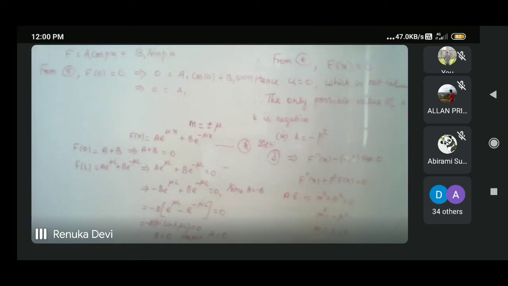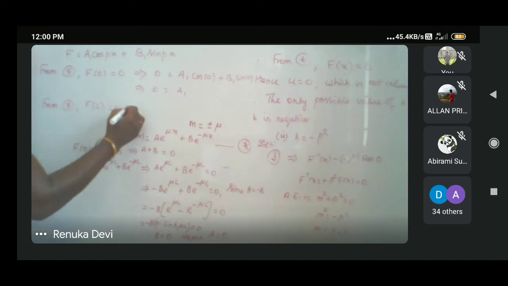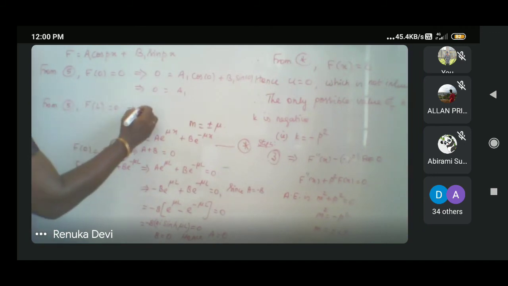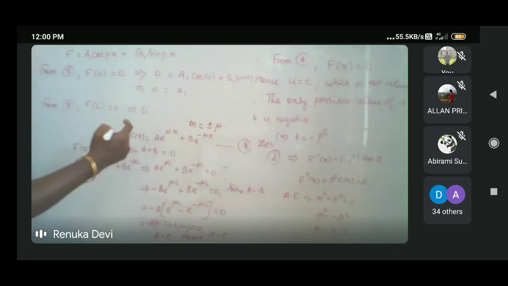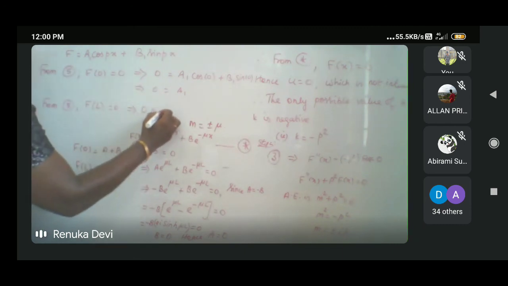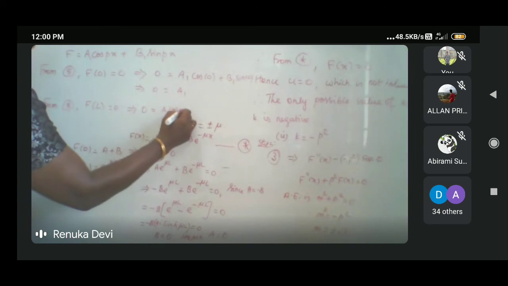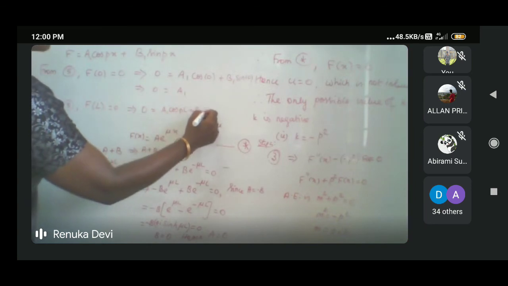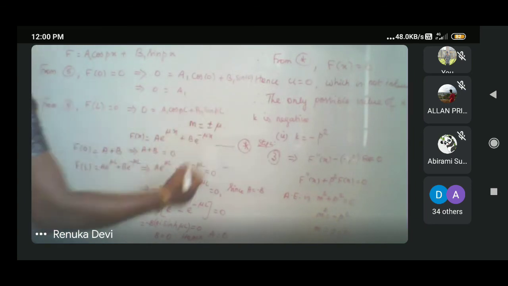Therefore, a1 is 0. And again from 5, f of l is also 0. Instead of x we are putting l, so a1 cos pl plus b1 sin pl equal to 0.